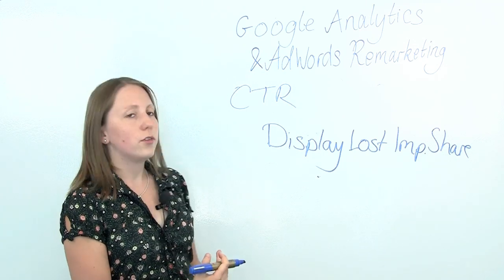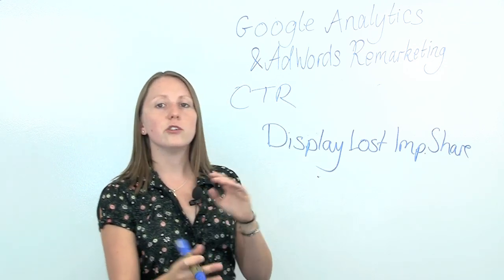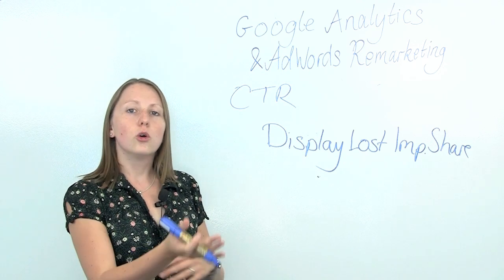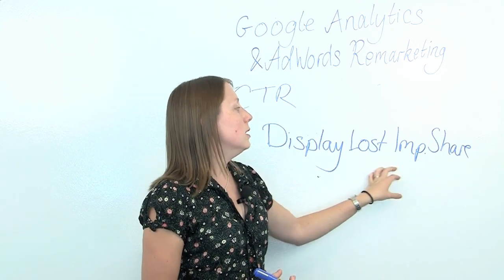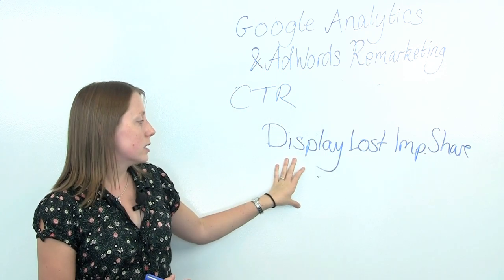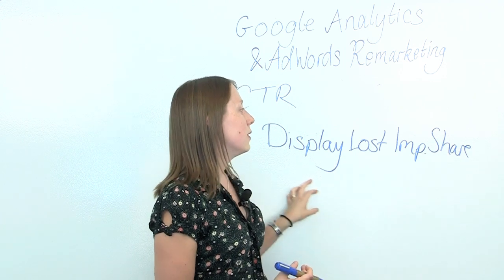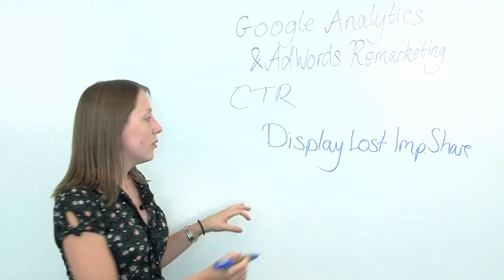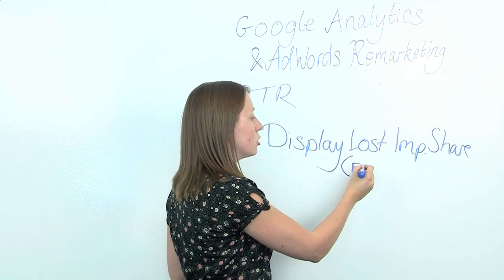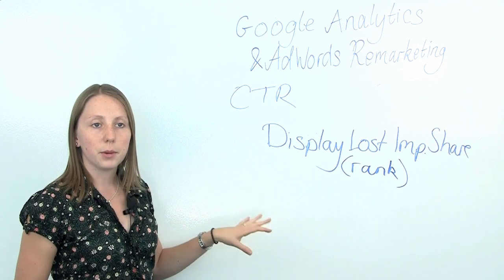So if you're able to target a certain number of ads, but actually you've missed out in the auctions, your ad is going to get a lower percentage of impression share. This is specific to the display network, so that you can see how much of the impression share of those ads you've lost. And if you look at this relating to rank, this can tell you whether or not you might need to up your bids.